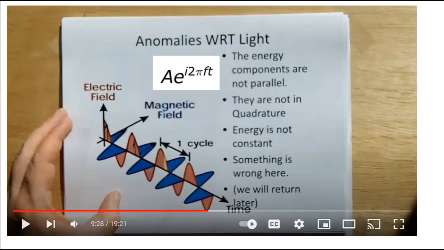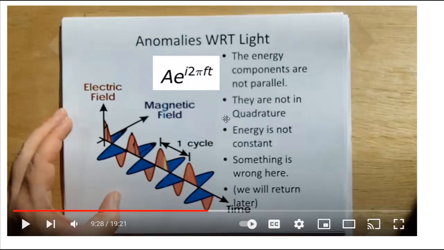As Robert Distinti points out in his video, this cannot be the correct model for light. This is in fact the correct formula for describing all light, all wave phenomena, including light. Okay, but that's not what we're talking about today.